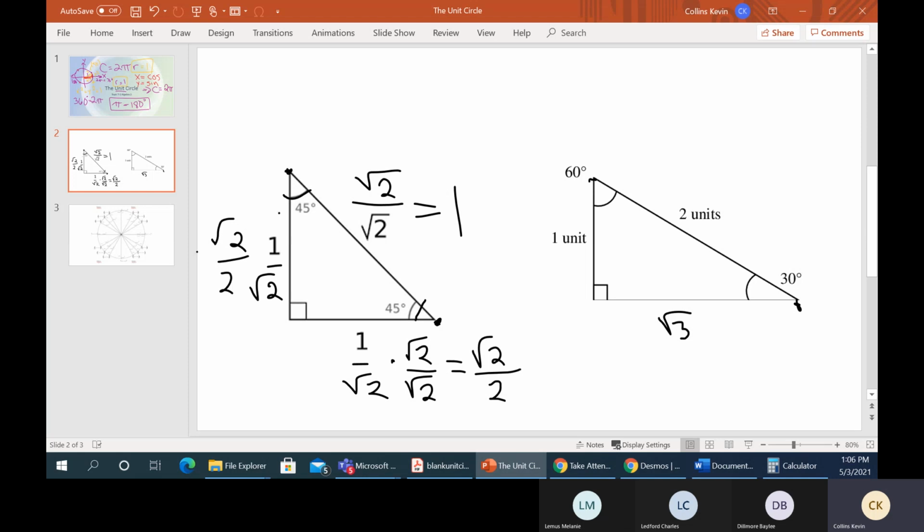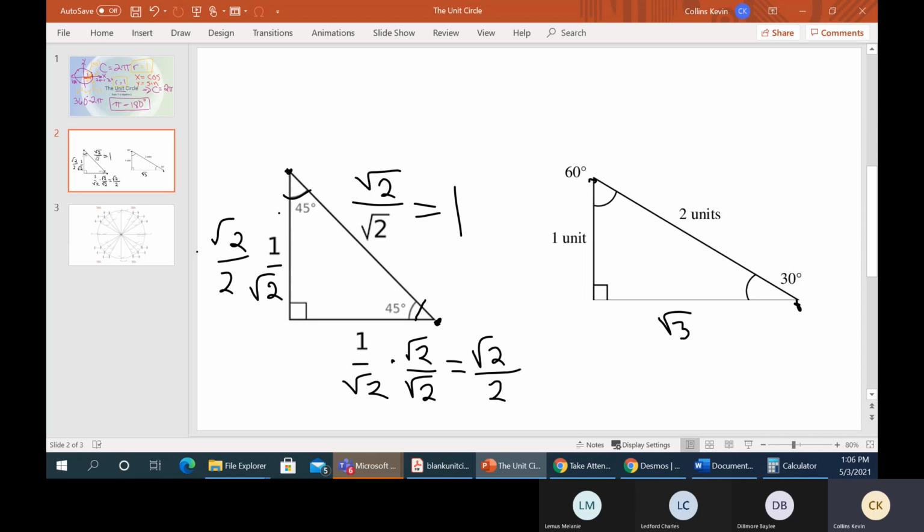The other end is sitting on the edge of the circle. So that makes the 2 here a radius, right? All right, so we said for a unit circle, the radius is 1. The radius of this guy is 2.